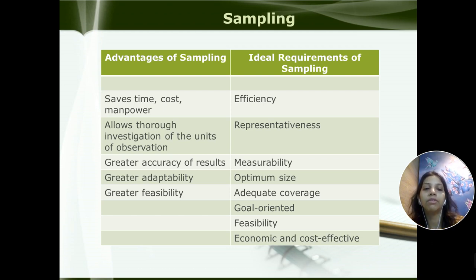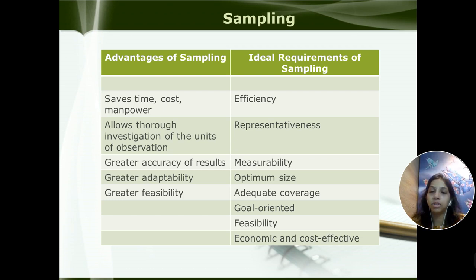Obviously, you will give time, and you will do a thorough investigation of whichever study subjects you are examining. There will be greater accuracy of results, obviously, because the workload is less. There will be greater adaptability, and there will be greater feasibility. All these things come with the lessened work burden as compared to examining the entire population.